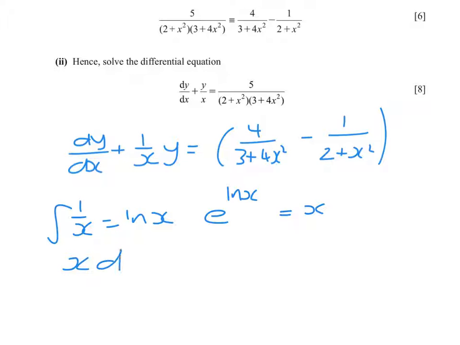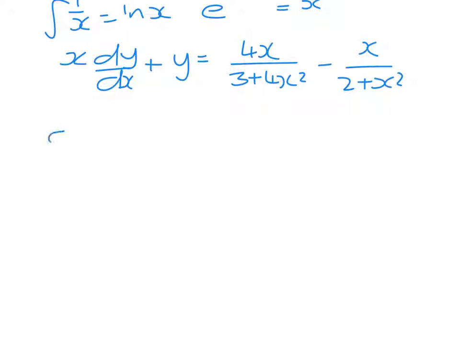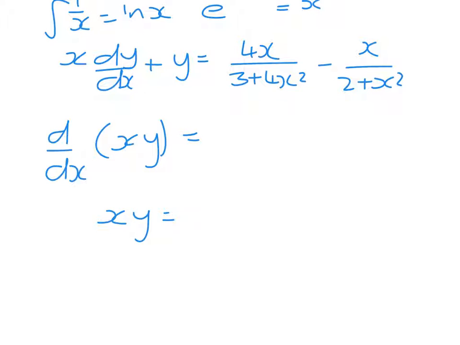So that gives us x dy dx plus y equals 4x over 3 plus 4x squared minus x over 2 plus x squared. Left hand side is the differential of x times y, and what we're going to do now is integrate the right hand side.